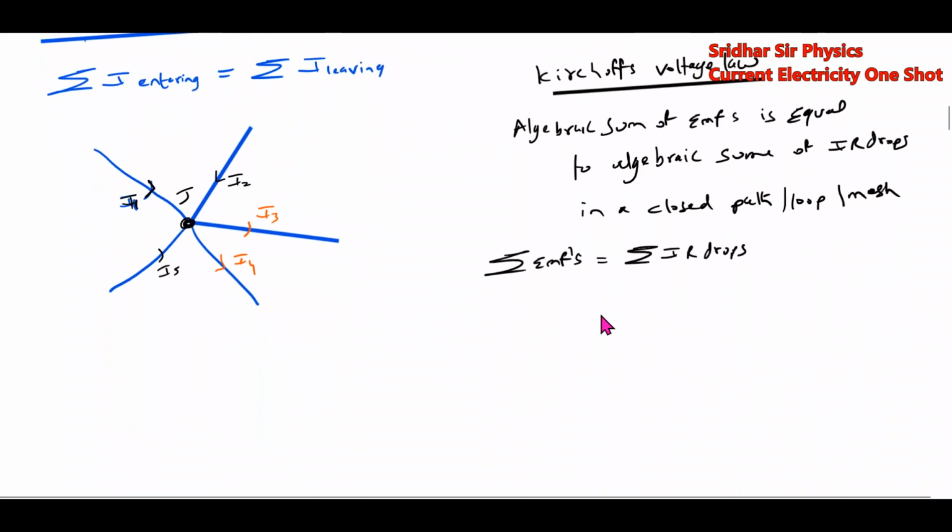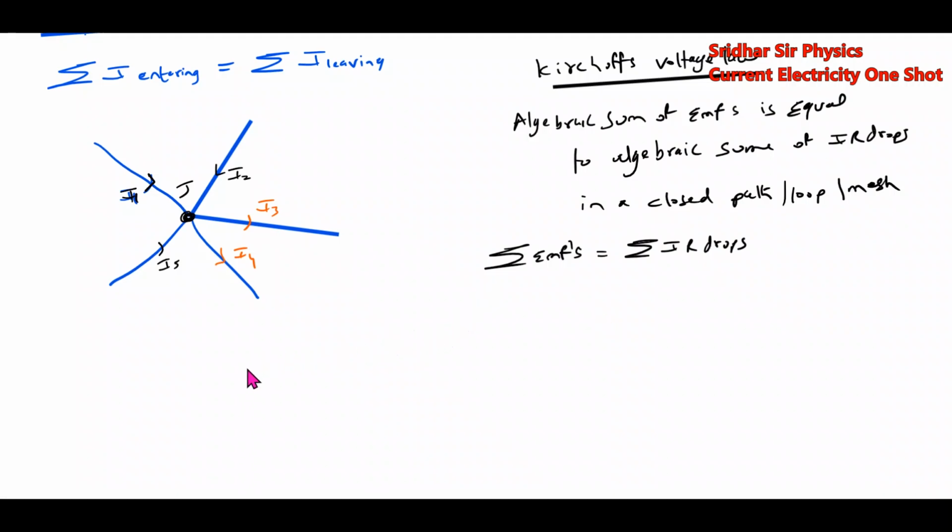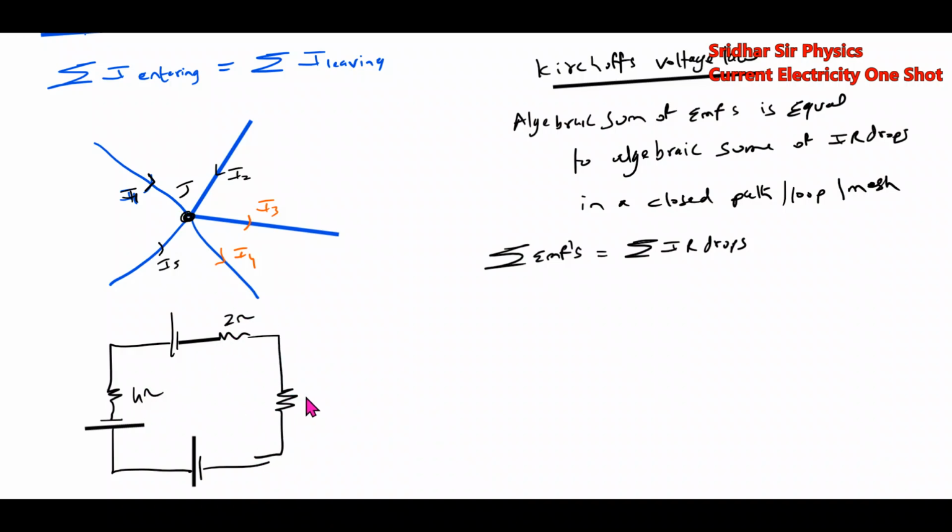Let us explore this. Suppose I have a circuit like this, with 2 ohm, 4 ohm, 6 ohm and a 4 volt source.